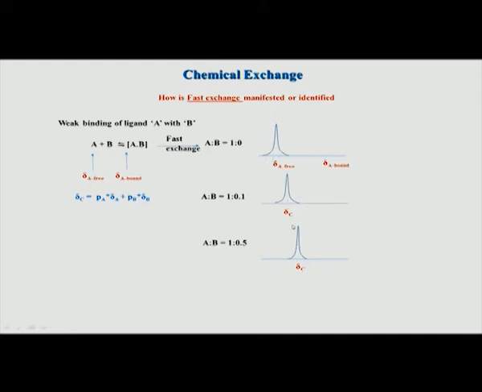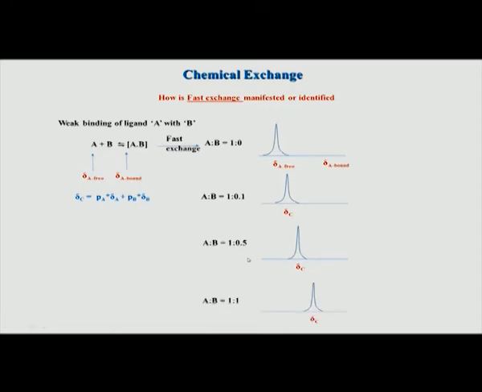Suppose you are doing this reaction when you are adding a ligand to the protein, and you start seeing that the peaks, instead of showing two different peaks like we saw in the slow exchange case, show this trend of shifting as we are adding more and more B. It immediately indicates that there is a fast exchange on the chemical shift time scale.